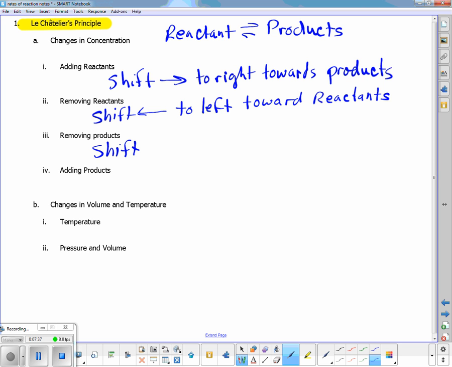Okay, so if I take out products, which way is it going to shift? If I take out products, I'm making a hole on this side. I'm going to shift to the right. Good. I'm going to shift to the right towards the products. Yep, you shift towards the hole.